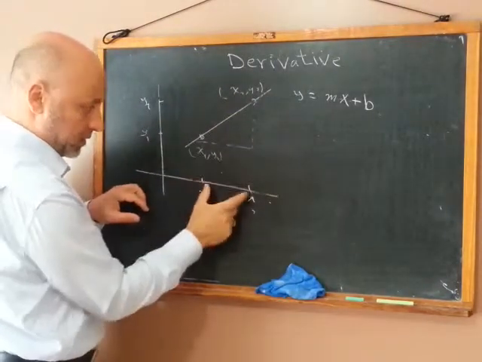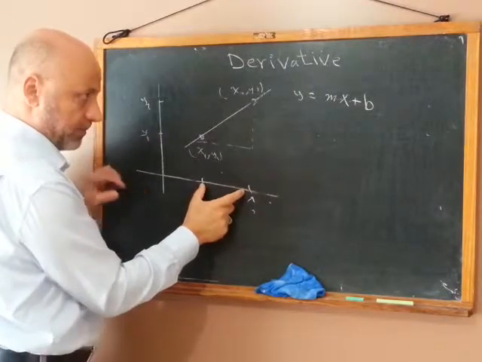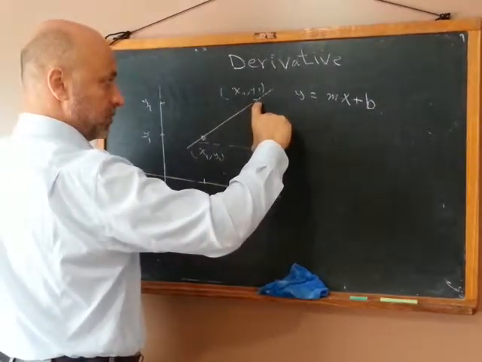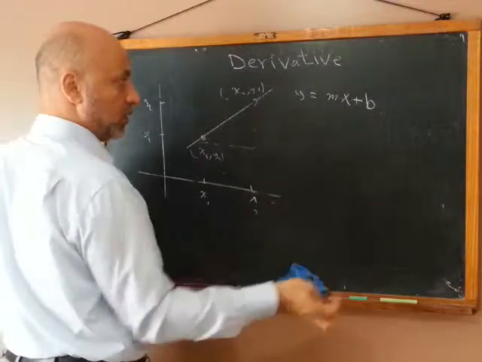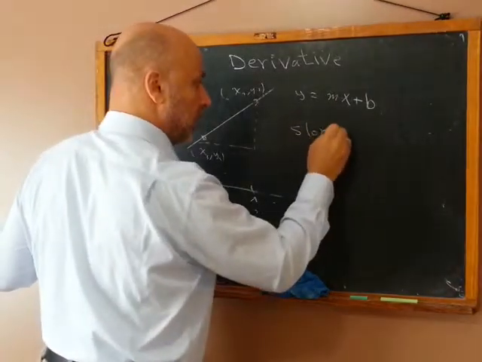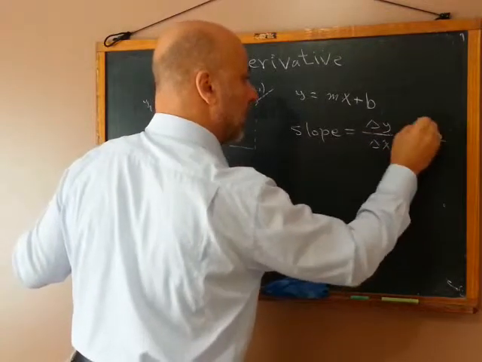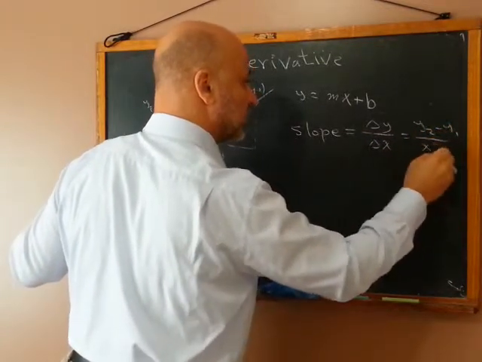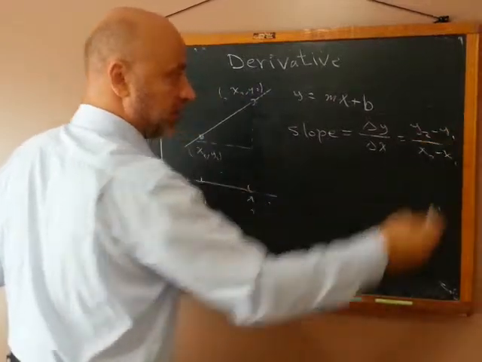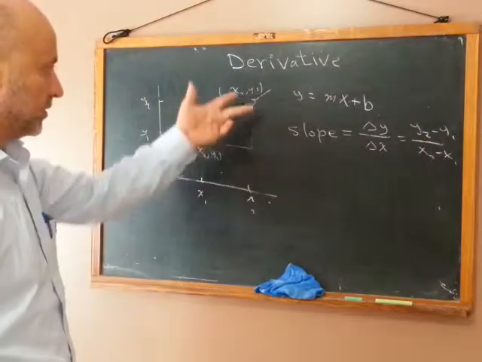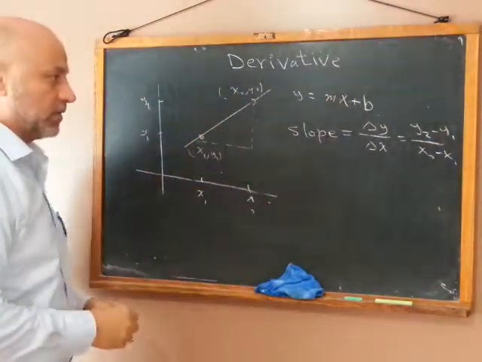So this much is x2 minus x1, and this much is y2 minus y1. So the slope equals delta y over delta x, that's y2 minus y1 over x2 minus x1, and all these 4 components are given from these 2 points.